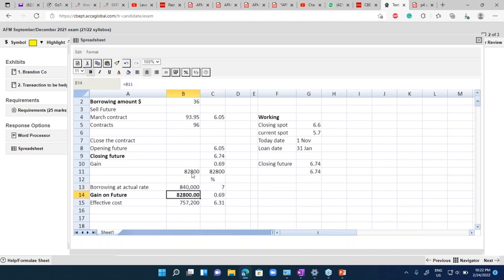This 82,000 you have already calculated above, and when you calculate the net of it, 750,200 is the cost of future. So net cost will be 6.31%. Okay.